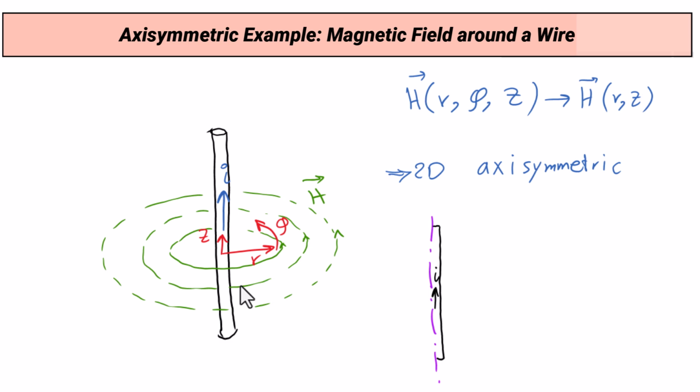In this case, it does not depend on z or phi. If we remove phi from this variable, the H, magnetic field, is only dependent on R and Z, and therefore this can be represented as a 2D axisymmetric problem. Therefore we introduce this sketch into the simulation like this.